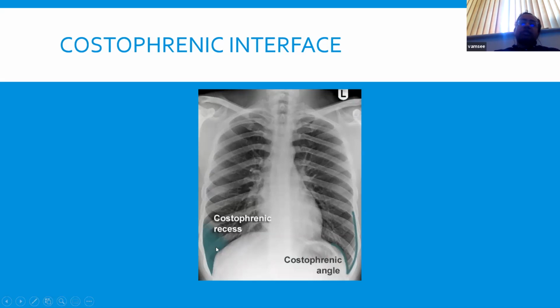And that forms a recess. Now, this recess is important because in a normal PA film, if you have any fluid collecting in the pleural space, now bear in mind between the parietal and visceral pleura, you've got a potential space there. And if there is something that causes fluid to accumulate in that, most common causes being things like infection, heart failure, malignancy, that fluid tends to accumulate at the bottom of the pleural spaces.